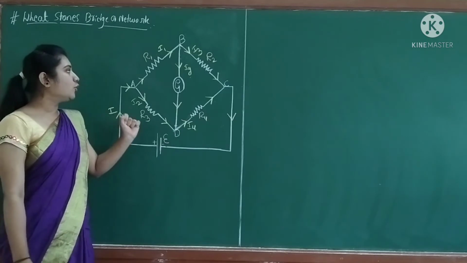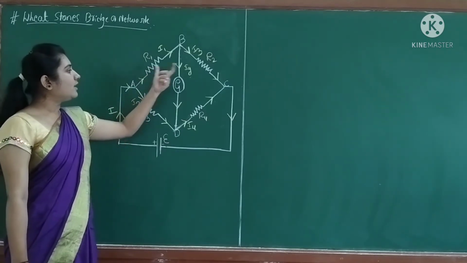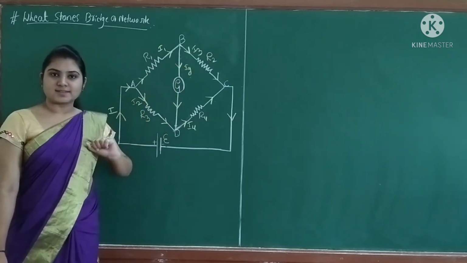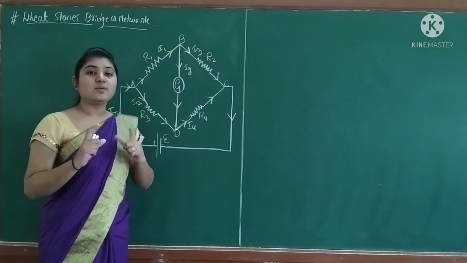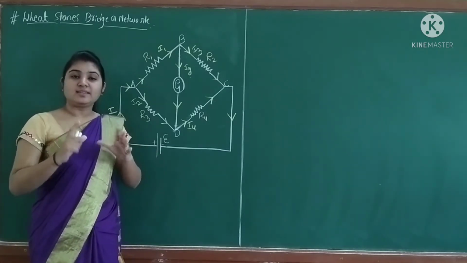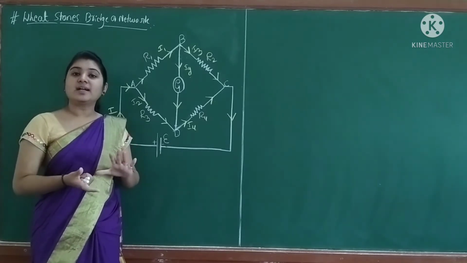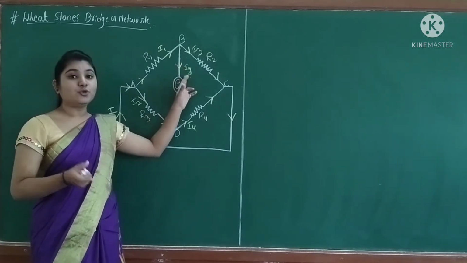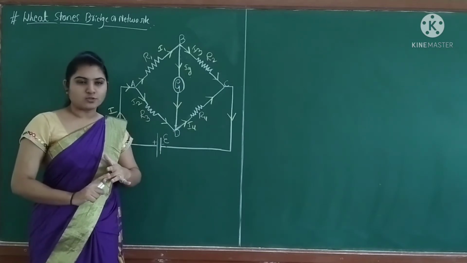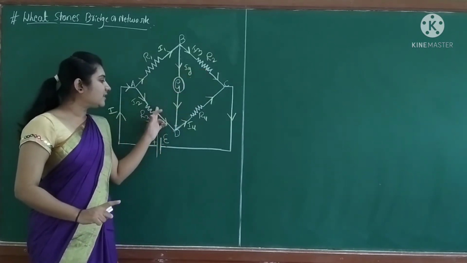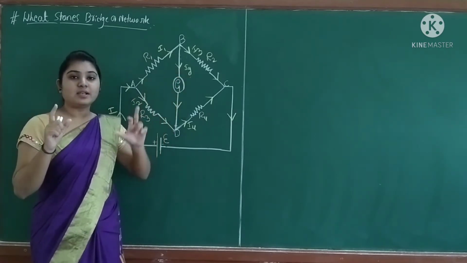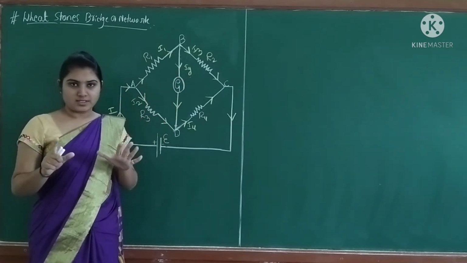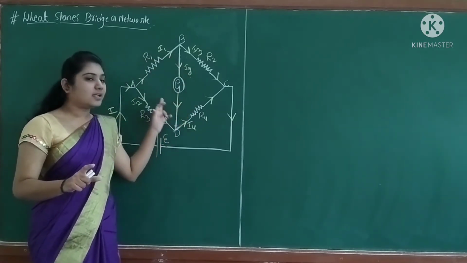We will alter these resistances, that is, change and adjust the resistances. By adjusting like this, IG will become 0 in this network.